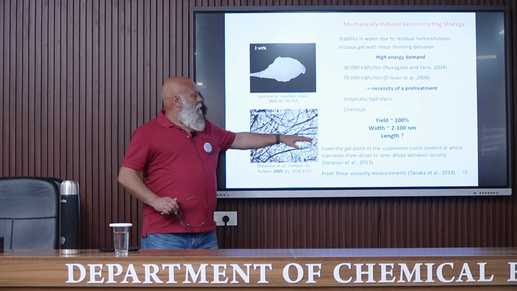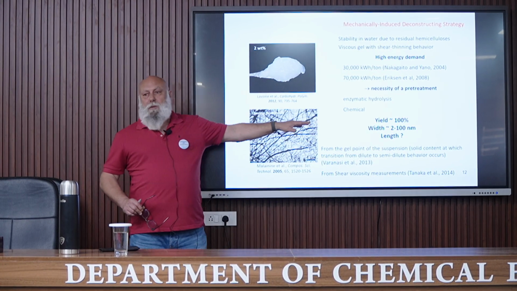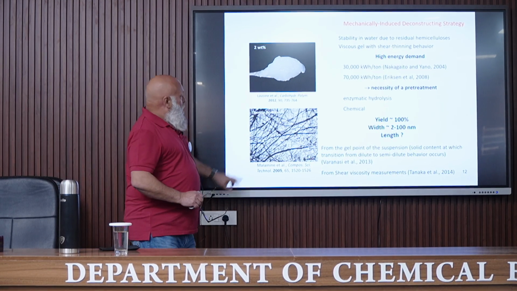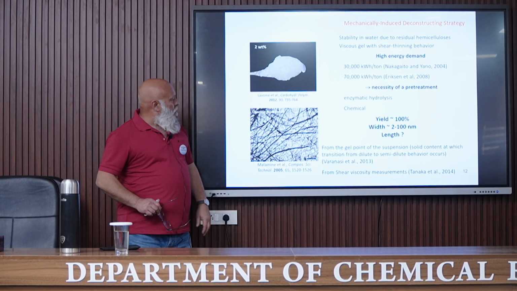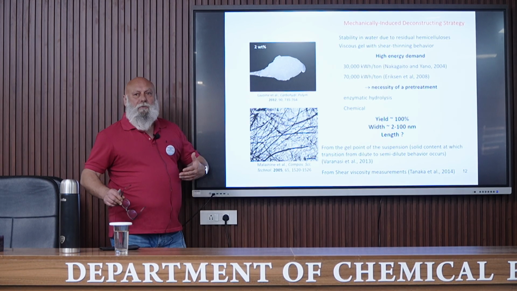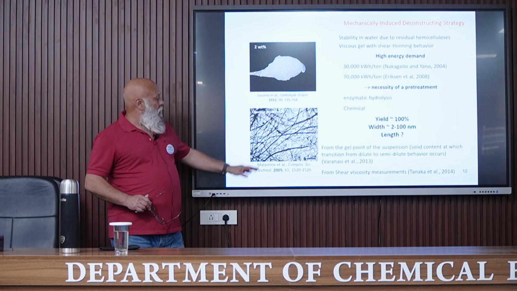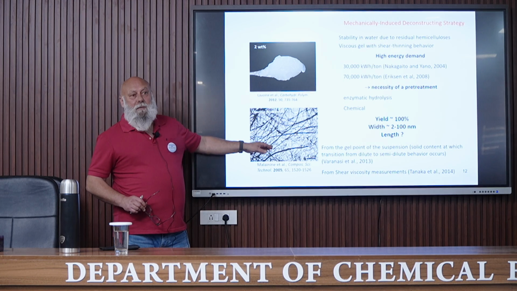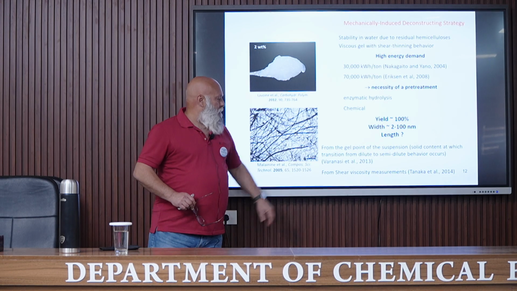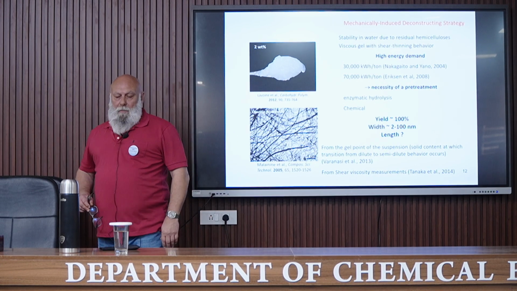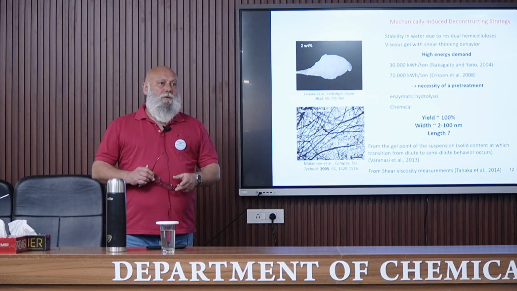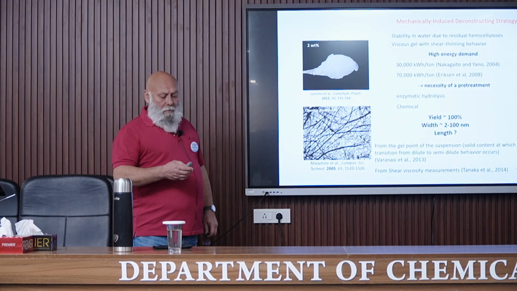Regarding this material, the yield is almost 100% because the nanofibrils are just separated. The width of these filaments ranges from 2 to 100 nanometers, depending on the mechanical treatment. But as you can see, the length is very difficult to determine. There are some papers that suggest experiments to at least estimate the length of these nanofibrils.